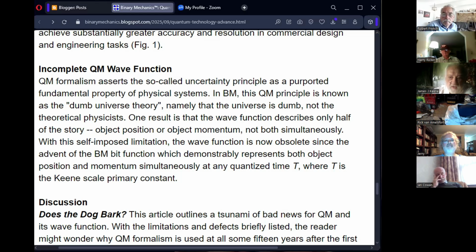That's the law of motion of binary mechanics, where the moon will tend to move in the direction of its warmer side, just like the Earth is going to move in the direction of its warmer side.